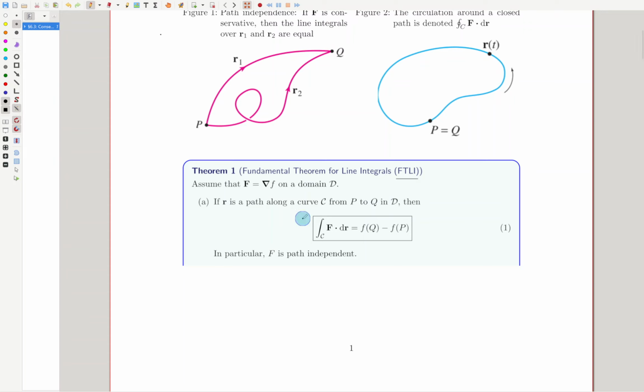Recall how I mentioned we compute line integrals back in, I think, 6.2, line integrals. The line integrals had to do with utilizing the parameterization.